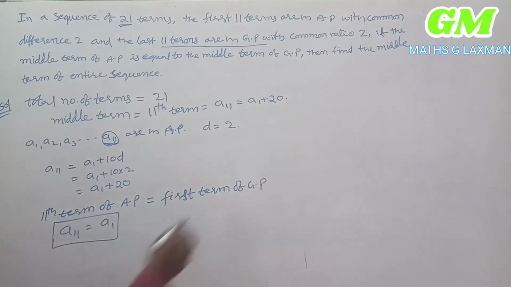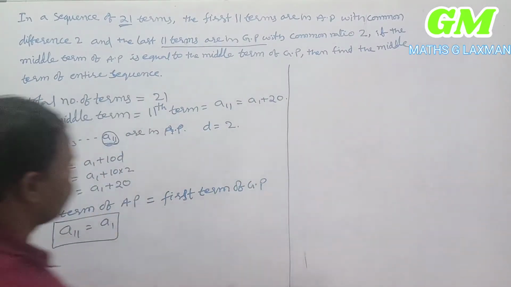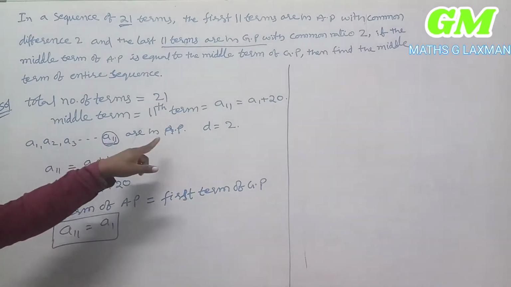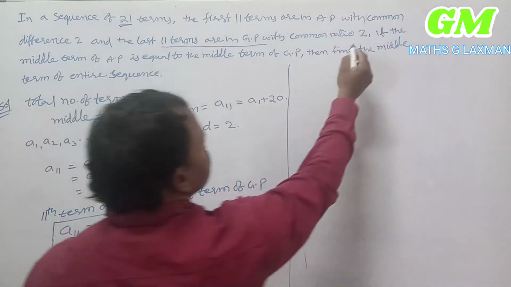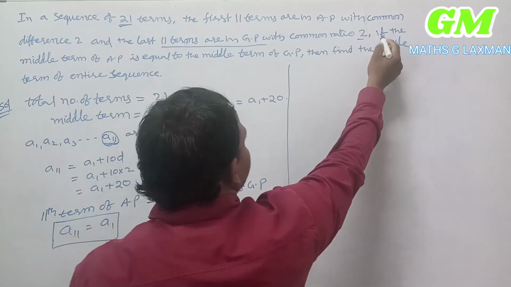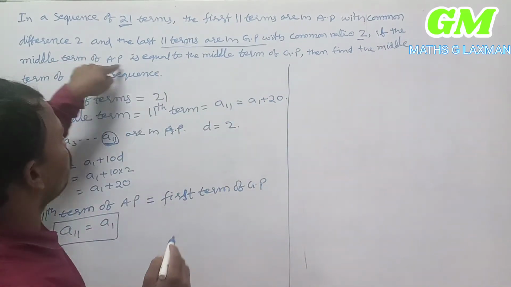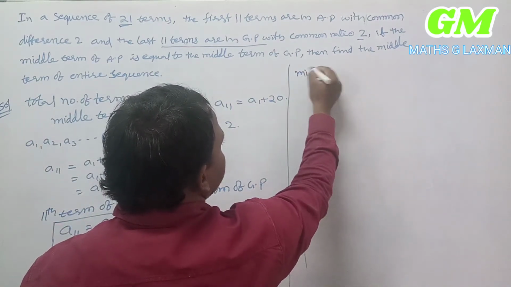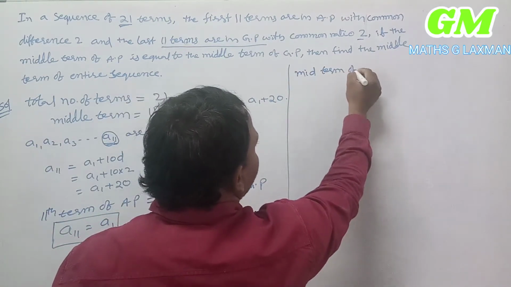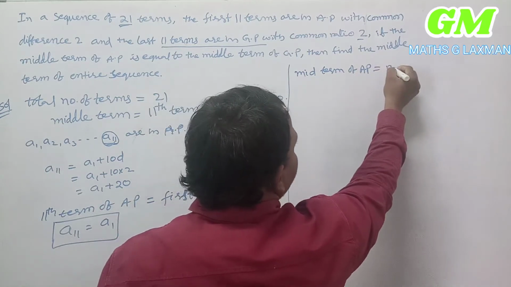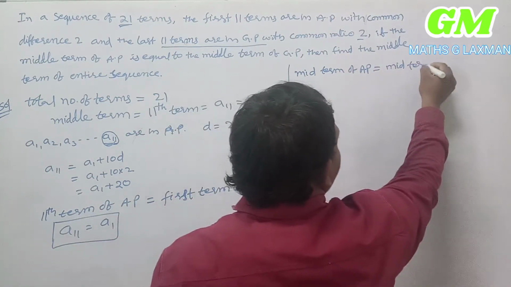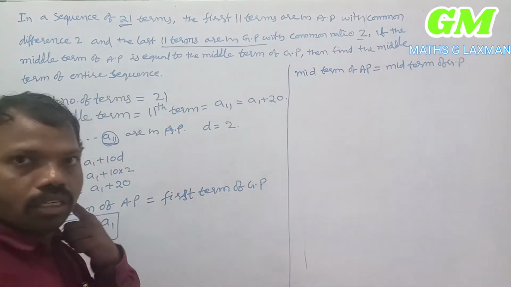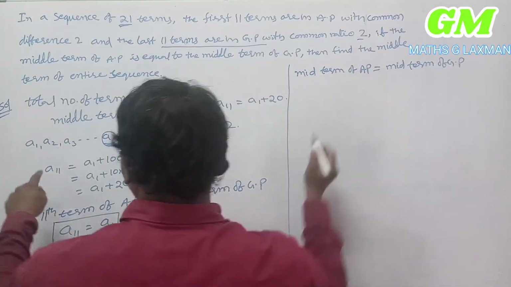Now A1, A2, A3 and so on, A11 are in AP. What is the middle term? The given condition is that the common ratio is 2, so r is equal to 2. If the middle term of AP is equal to the middle term of GP, what is the middle term of AP here?